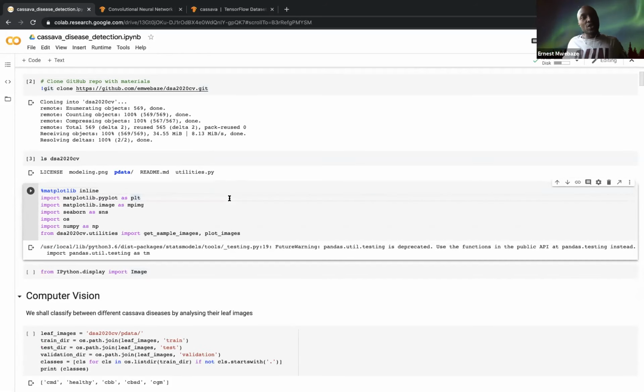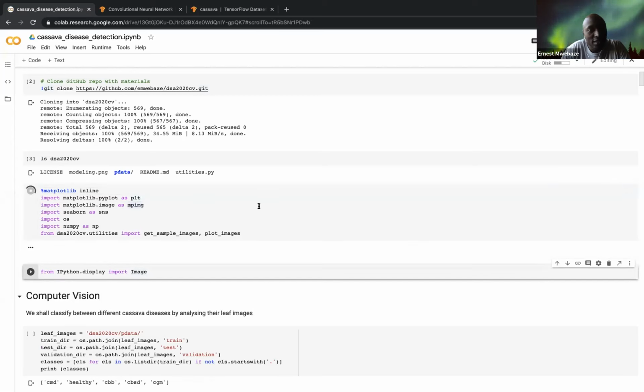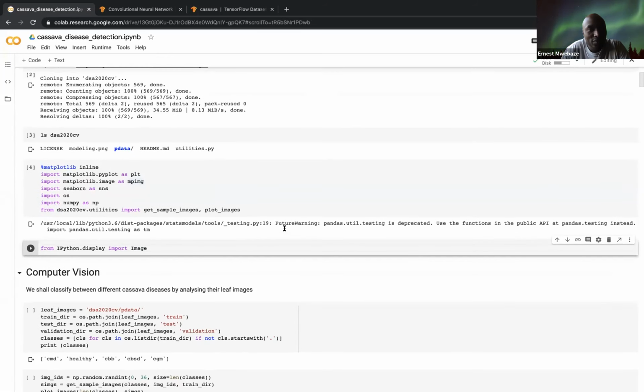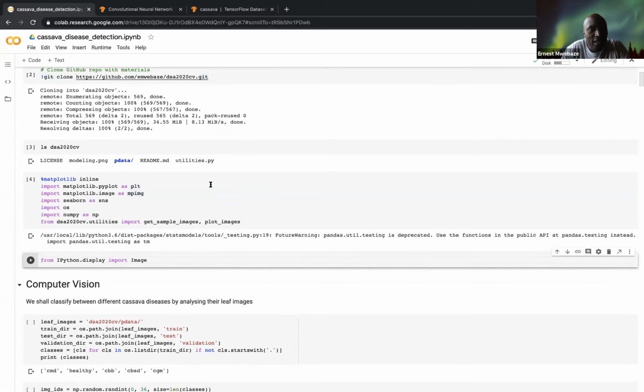Okay, so Colab also comes with some libraries you can import. They come already installed in most Colabs, so it's unlikely you'll get an error there. There's something about pandas, but we can go through that. Matplotlib is for plotting.